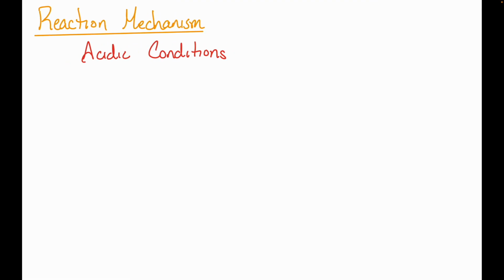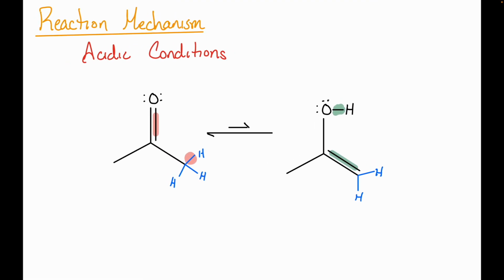Let me get rid of all my little markings here. I'm actually going to move my double bond to the other side just because it's going to be easier to draw. Okay, so if we're under acidic conditions here, let's put in a proton donor like hydronium.